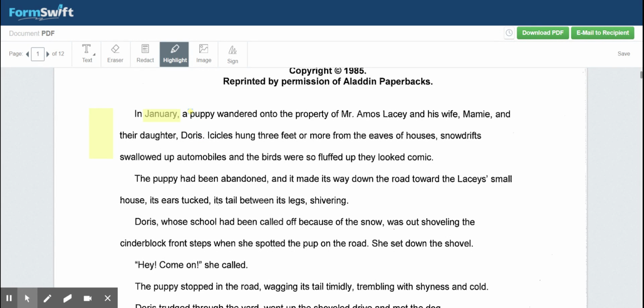So next thing, 2 words in, we get a puppy. And obviously, if you've looked at the story at all, puppy is going to be critical. It's the whole point of the story. We also get Mr. Amos Lacey and his wife Mamie. So there's some more characters, and their daughter Doris. So here we are. We've got the whole crew here, the dog, the 3 humans, the family.